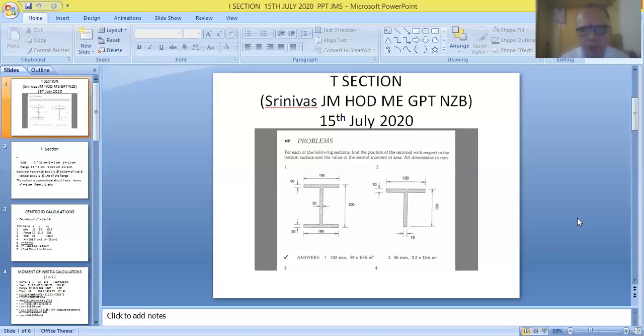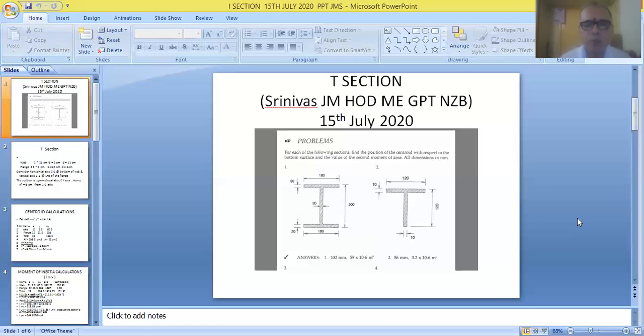Now coming to the web of the section, the horizontal distance is given as 10 millimeter, and the vertical distance must be taken as 110 millimeters only, because the total distance is given as 120 millimeter.